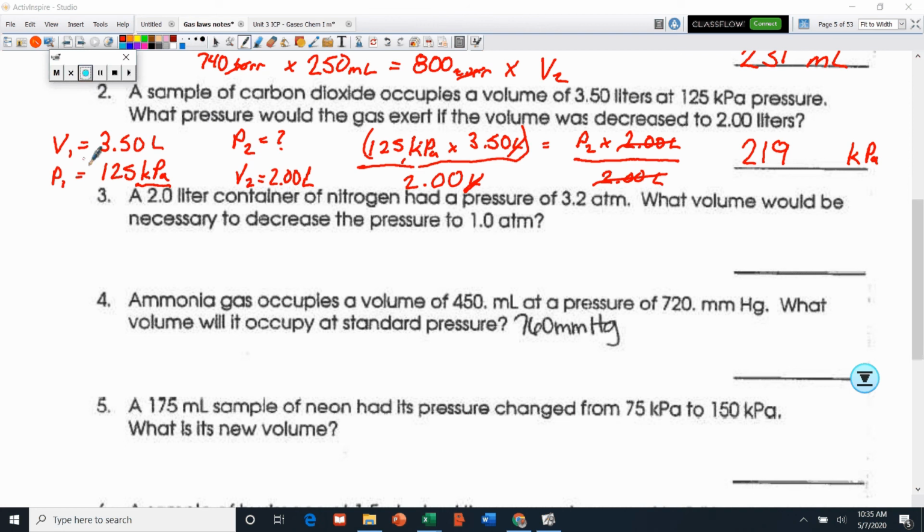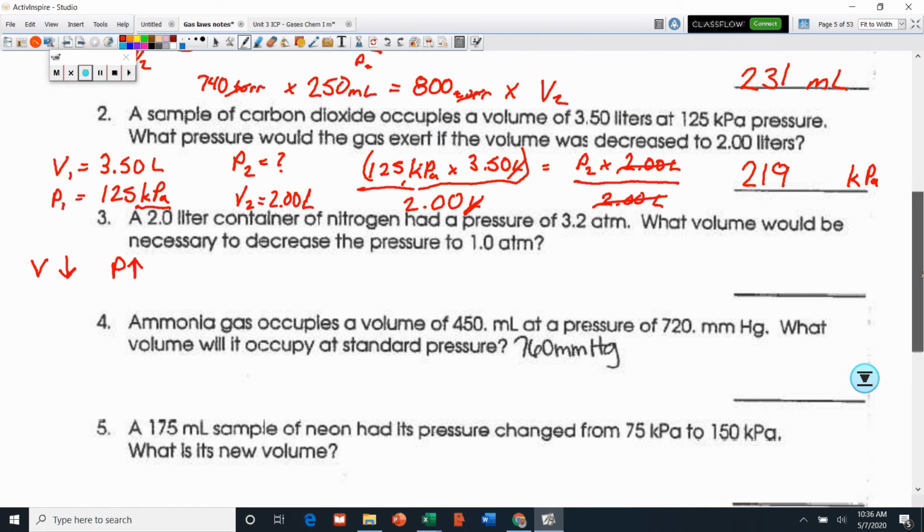We go from a volume of 3.5 to 2. So volume decreased, right? What does that mean the pressure should do? The pressure should increase. Did the pressure go up? We had 125. We now have 219.